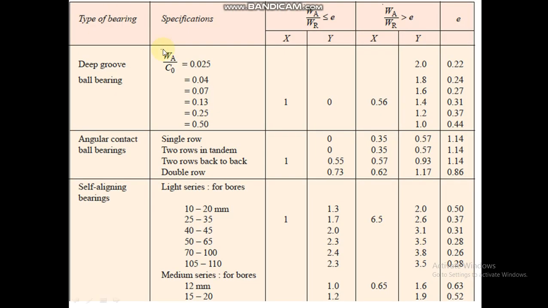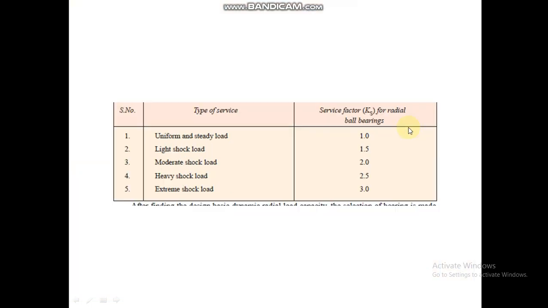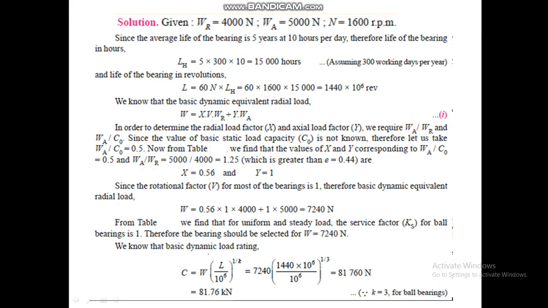WA by C naught we have taken as 0.5 by assumption, and WA by WR, which is 1.25, is greater than e. e is 0.44. So therefore in this column we will take X and Y. X is 0.56 and Y is 1. So let's take the value of X as 0.56 and Y equal to 1.